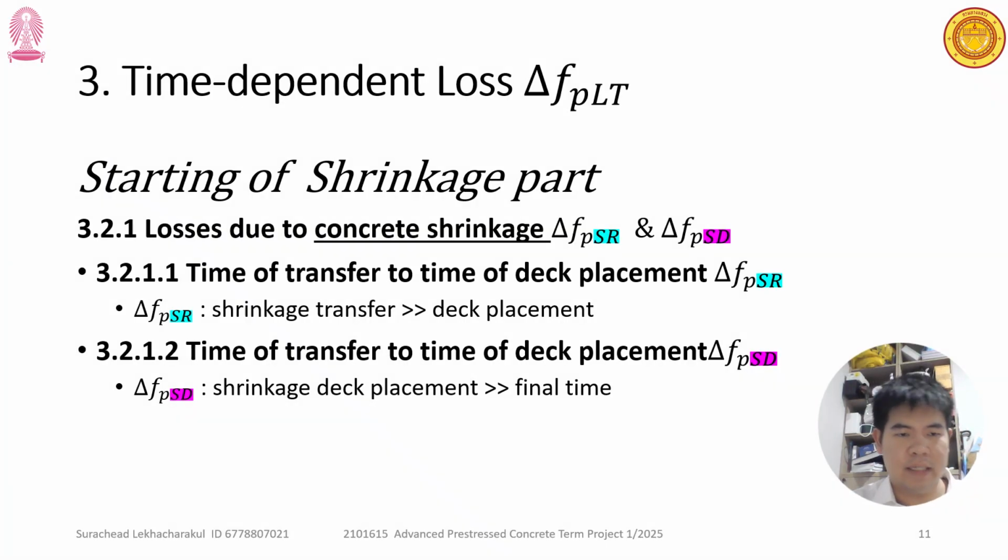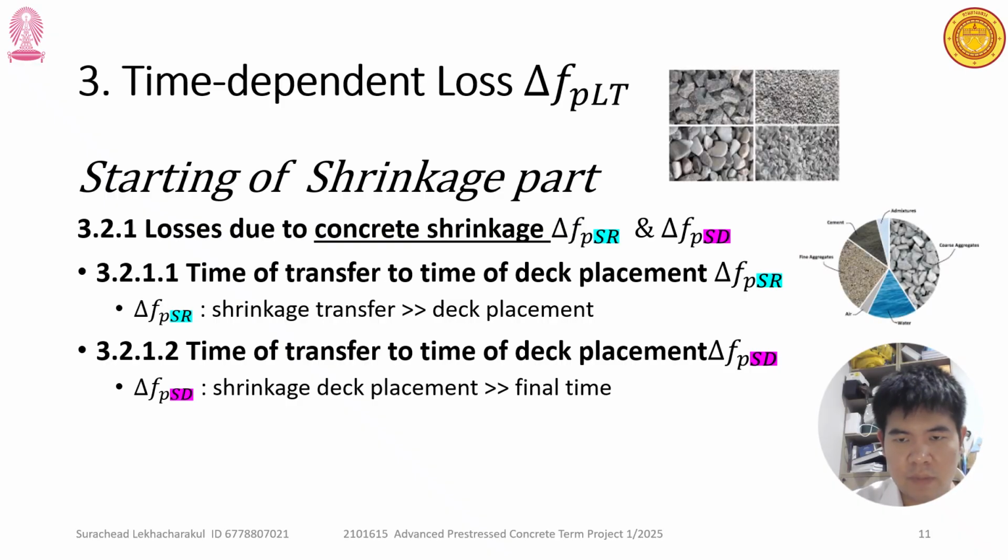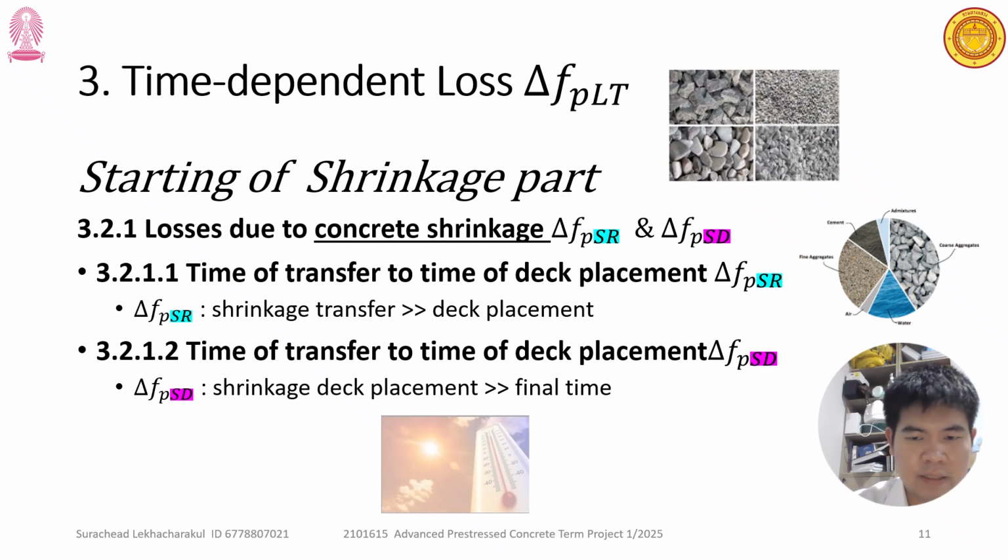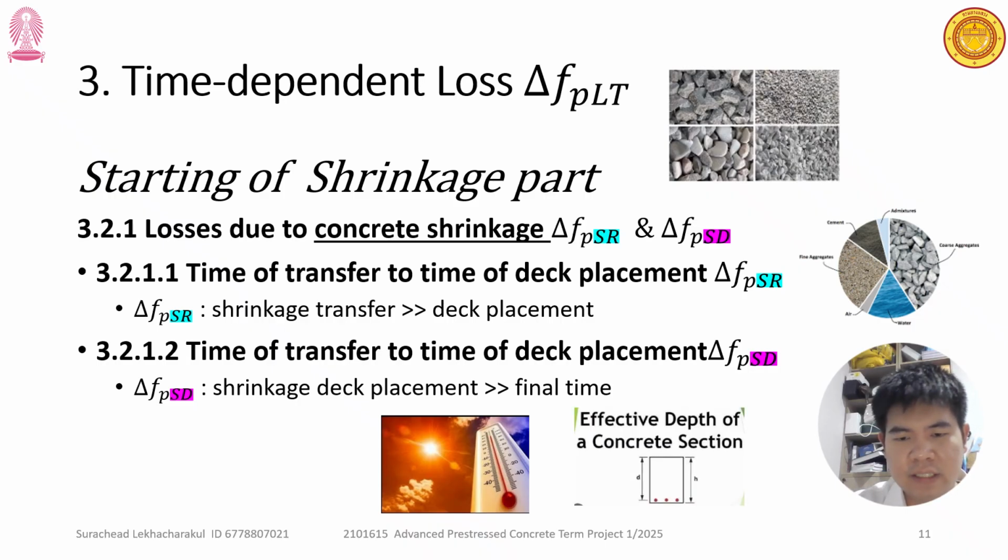Okay, let's start with the shrinkage part. Shrinkage goes into two parts. The first part depends on the aggregate and on the ratio of aggregate, water, cement paste, etc. They also depend on humidity, temperature, and effective depth of the concrete.